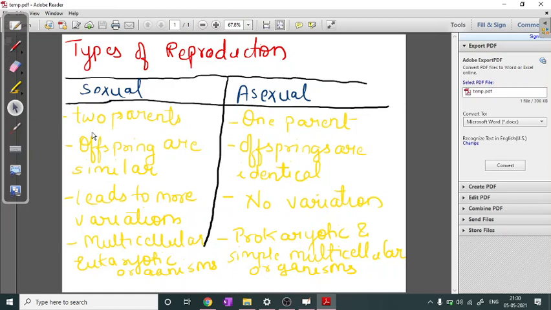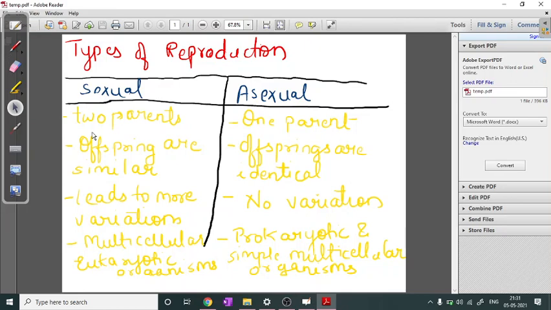The third point here is, since offsprings are similar, not exactly the same as their parents, there are some variations in them. There is some variation between you and your parents. Variations are important for survival in changing environmental conditions. I discussed this in the first session of this topic, reproduction, also.